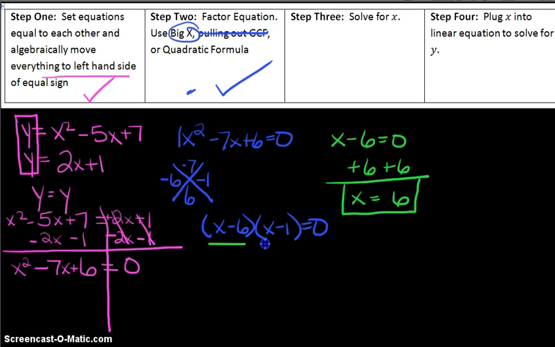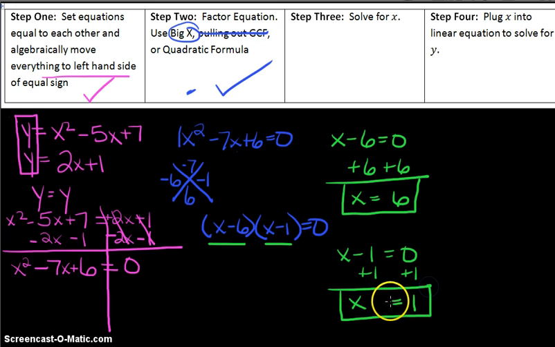Then I take the second factor and I set that equal to 0 as well. X minus 1 is 0. Add 1 to both sides. And x is equal to 1. So I've got the second x value for the second intersection point. All right, now I'm done for step 3. I've got x equals 6 and x equals 1.